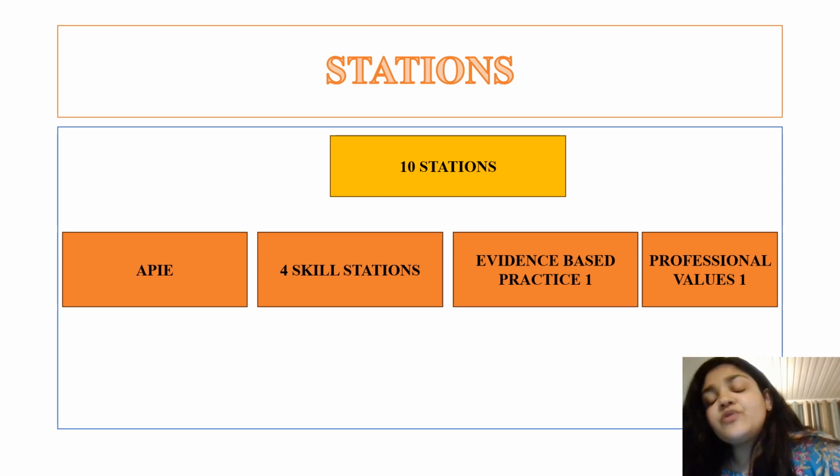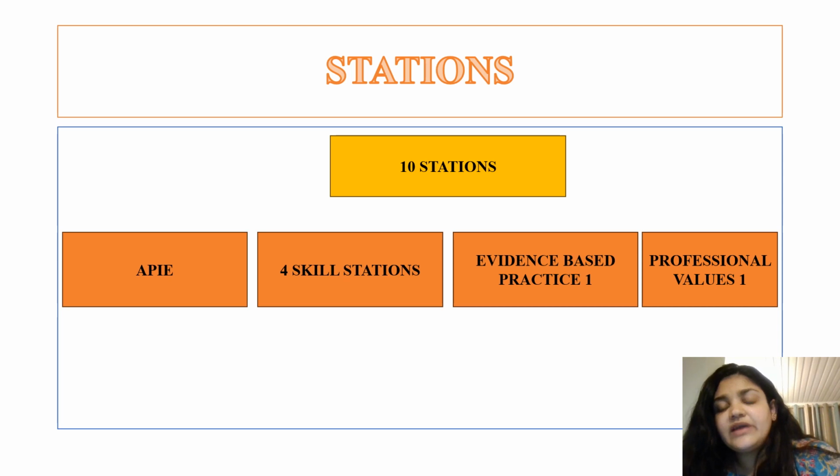Professional values are basically the ethics, what we would do in a certain situation. For example, if a nurse or any other healthcare practitioner is eating the food of the patient, what do we do as a registered nurse? If we find that a nurse is not fit to practice, or is using inappropriate methods of handling, what do we have to do, how do we complain, what action do we take?